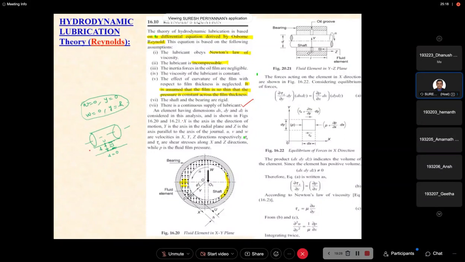Now in this concept, this is the journal bearing front view. This is the cross-sectional view of the bearing. This is the cross-sectional view of the journal or shaft. This is our fluid or lubricant.